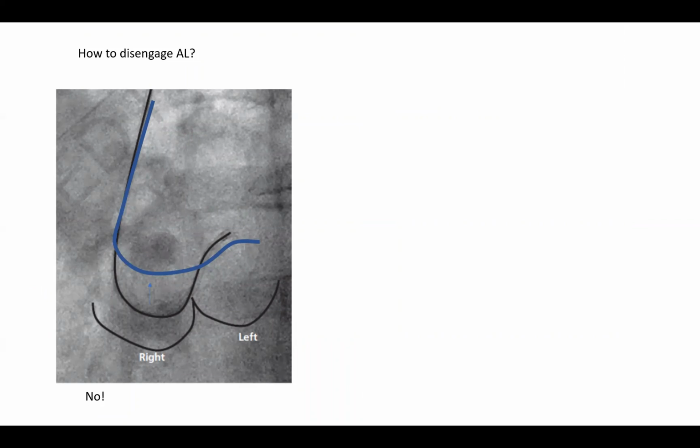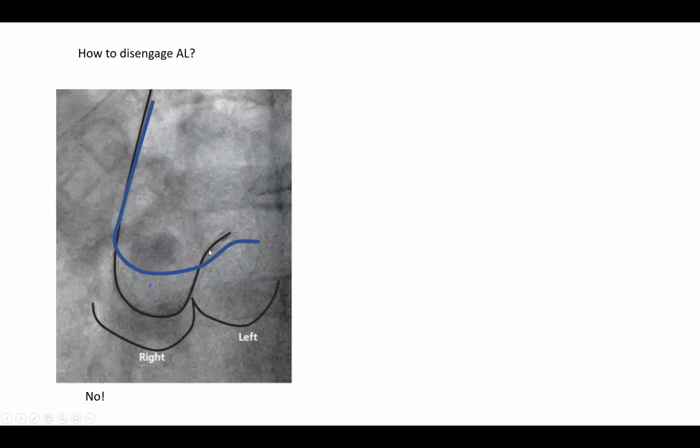Actually, we use the pulling maneuver to get further support and to more deeply engage an Amplatz left. So pulling is used to get deeper and deeper support with the Amplatz left. It's not used to disengage. So be careful. A catheter that is coaxial and well engaged in the coronary, an Amplatz left, should not be just pulled to disengage.